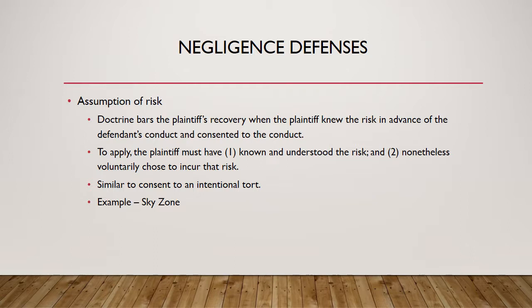So if you get hurt at Sky Zone, you've assumed that risk. Now, if you get hurt for some other reason than just jumping on the trampoline and landing on your ankle or your knee wrong and tearing an ACL or twisting an ankle badly, if there was some other risk of harm that was posed there and you didn't know it, you would not have assumed that risk, but you have assumed the risk of an injury that could occur from jumping on the trampolines.